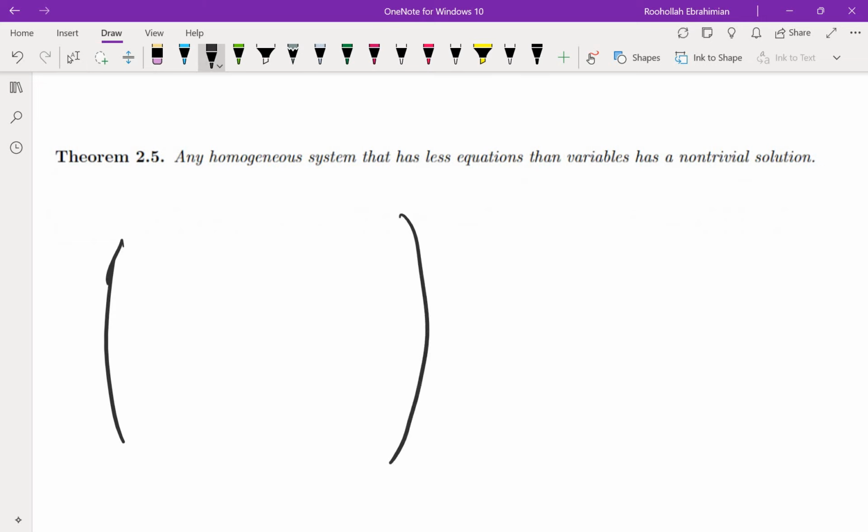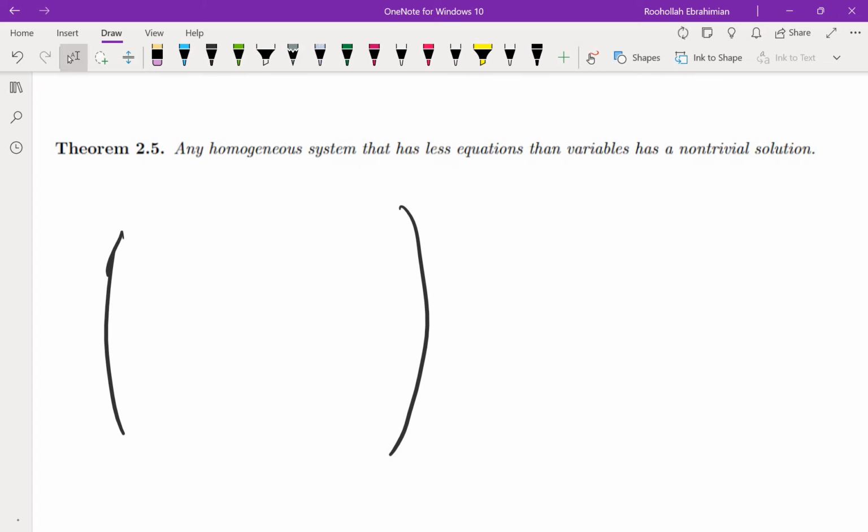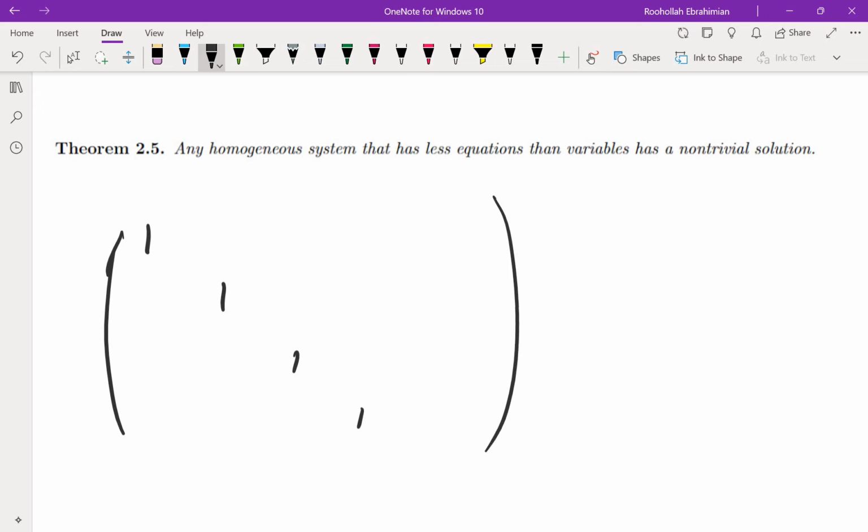It can be shown inductively. So you can start from your system, where you have fewer equations than variables, and reduce the augmented matrix, either inductively or even not. As you look at the pivot entries, you have a bunch of ones, and since you have fewer rows than columns, there will be what we call free variables.